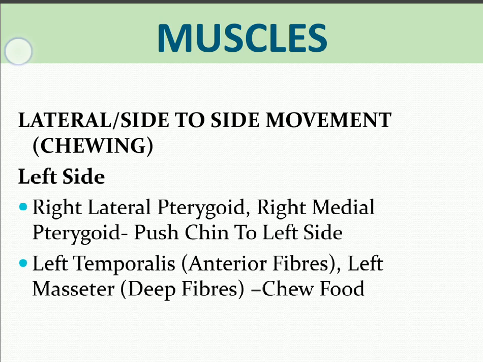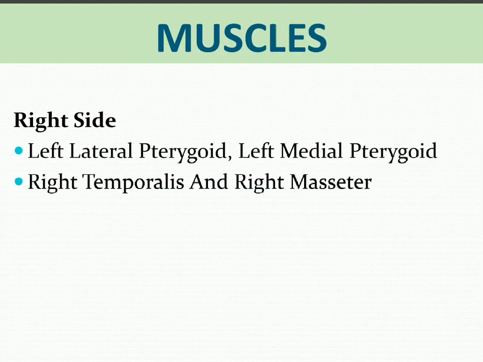And temporalis and masseter would chew the food, and they will be of the same side. If it is the left side, then left temporalis and left masseter would chew the food. And vice versa. If it is the right side, then the left lateral pterygoid and left medial pterygoid would participate.